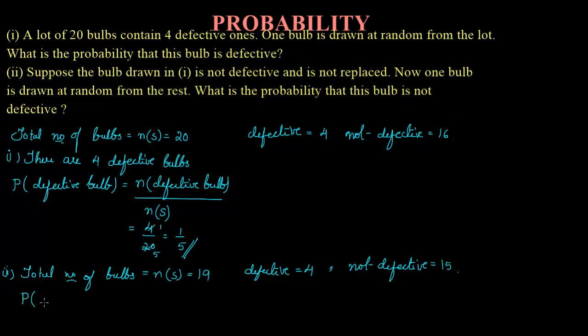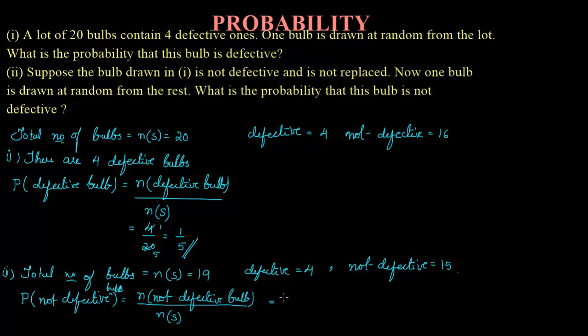So probability of not defective is equals to number of not defective bulb divided by n of s, or total number of bulbs. Here also let me just write that.